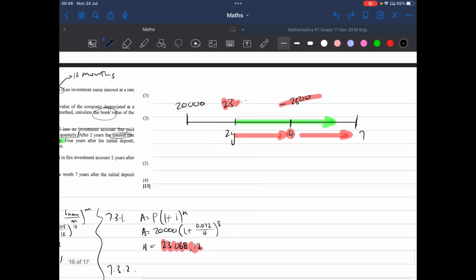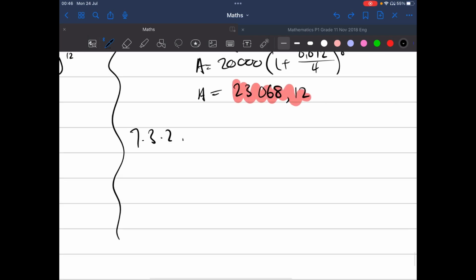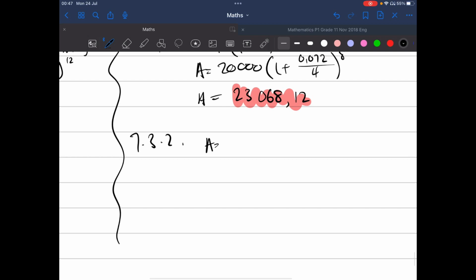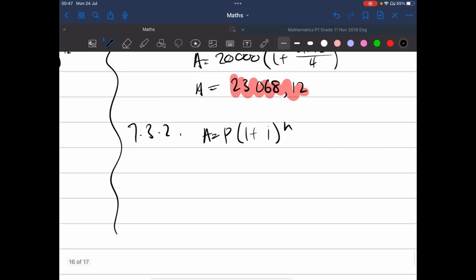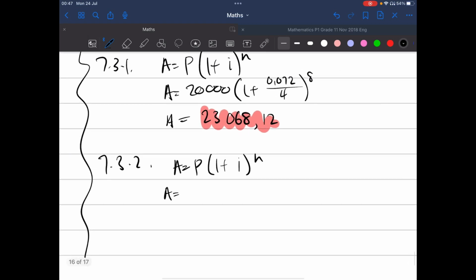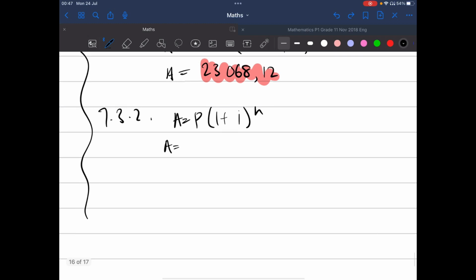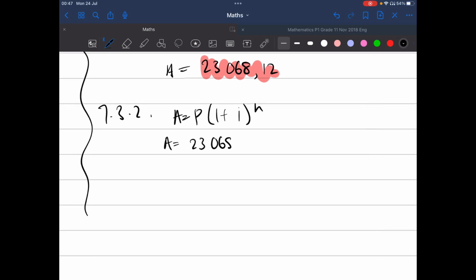So let's start with this. This is the easy one, right? Well, they're both easy. A is equal to P(1 plus i) to the power of n. Now the principal amount, like I said, we started with this: 23,068.12 times 1 plus.